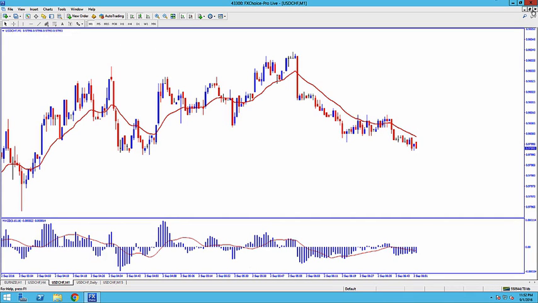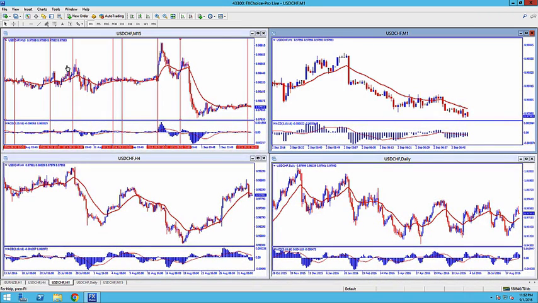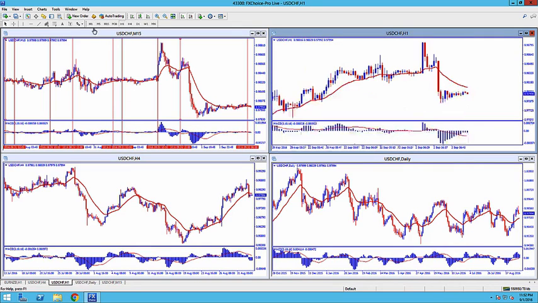Let's take a look at our charts again. So if we look down here, that's a daily chart. Let's just make this hourly, and this 15. So let's take a look at everything together one more time. USD/CHF, daily chart. That means each price bar is a daily.